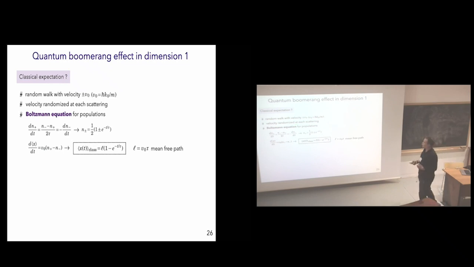Then you have two populations of atoms, with positive and negative velocities, and at the classical level these populations are described by coupled Boltzmann equations. They can be very easily solved, and by using some Ehrenfest theorem, you can immediately deduce the classical center of mass of the packet. It's L times 1 minus exponential of minus t over tau.